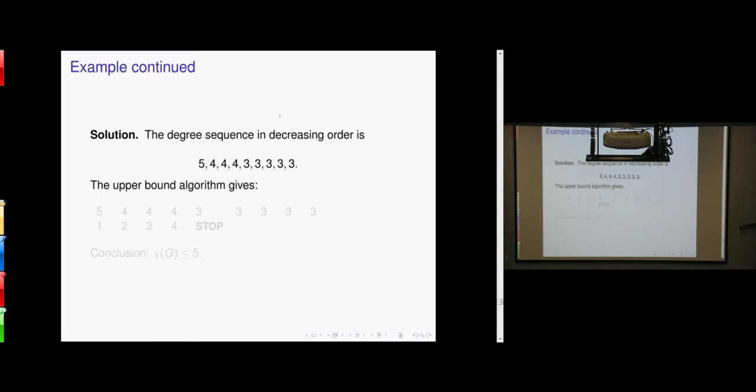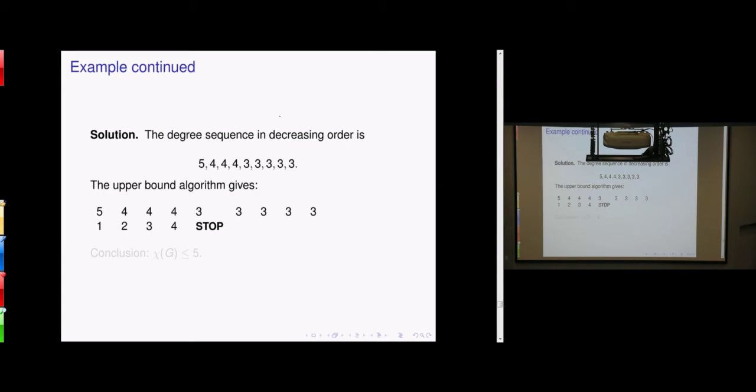One vertex with degree 5, and then 4 vertices with degree 4. The remaining ones are degree 3. Okay, so we have this sequence. Now we apply this upper bound algorithm. So we write 1, 2, 3, 4 here.